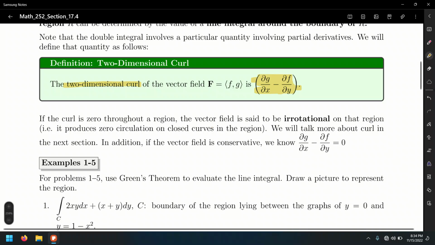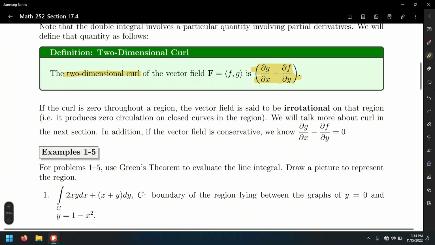All right. So whenever the curl is 0, that is, this difference of the partials is 0, then we say that the vector field is irrotational. So the vector field is not rotating, it's actually rays pointing out from the origin. You might remember those pictures of vector fields at the beginning of the chapter.